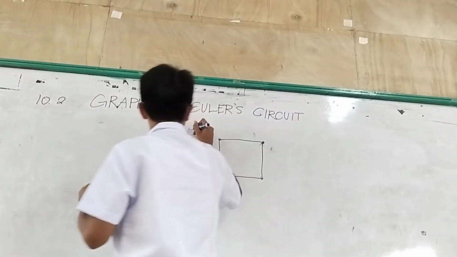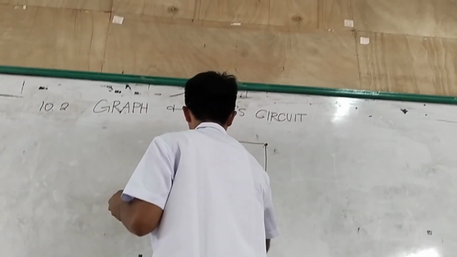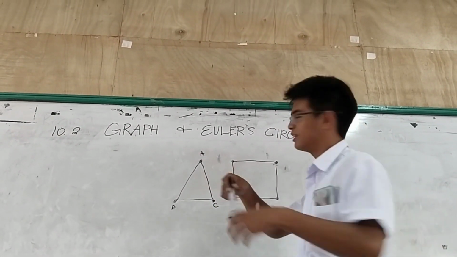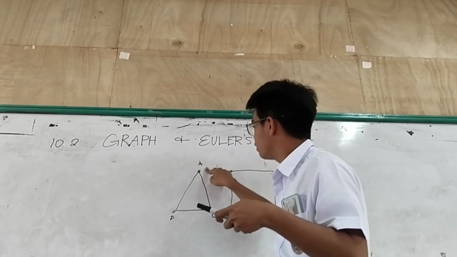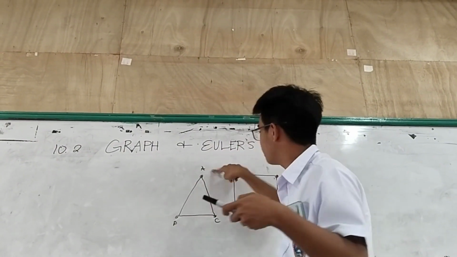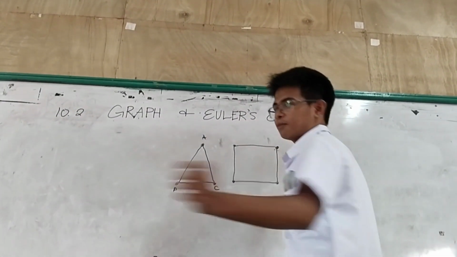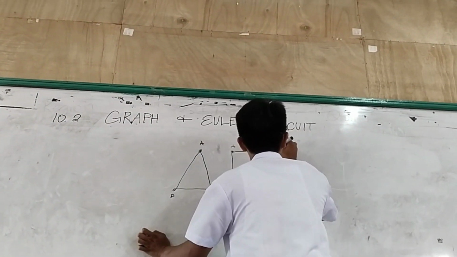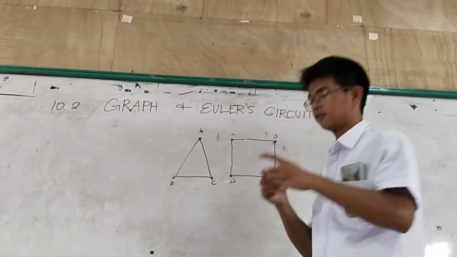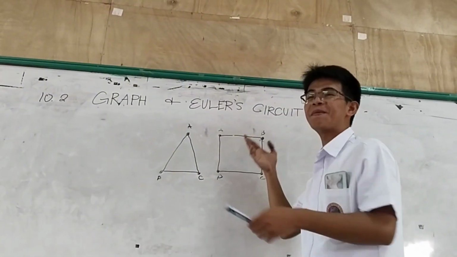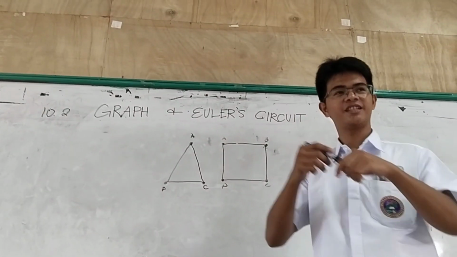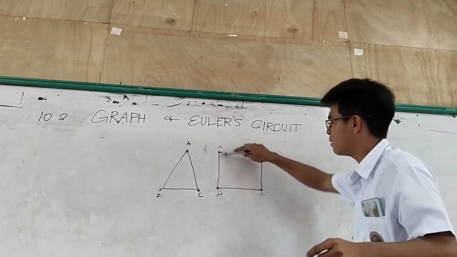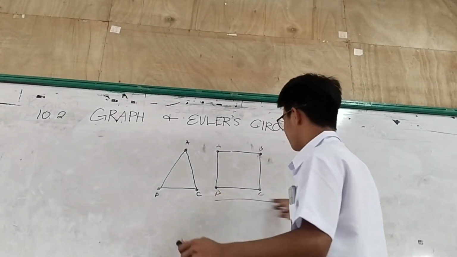Let's say this is vertex A, then B, then C. How many degrees does A have? Two, because it has an edge to B and an edge to C. Let's proceed to the second example: A, then B, C, and D. Each vertex here also has degree two. A connects to B, and there is no line through the middle, so it is also a cycle graph.